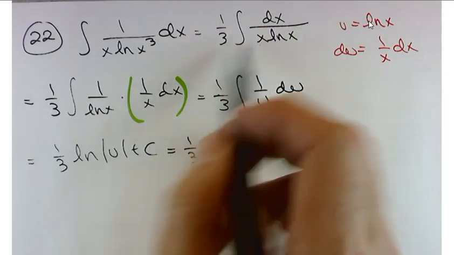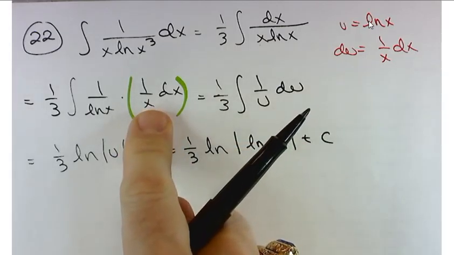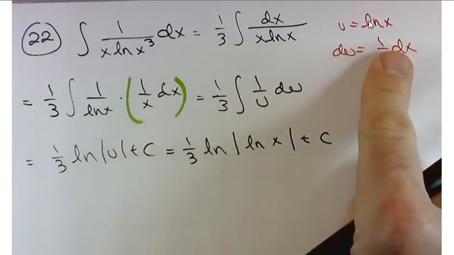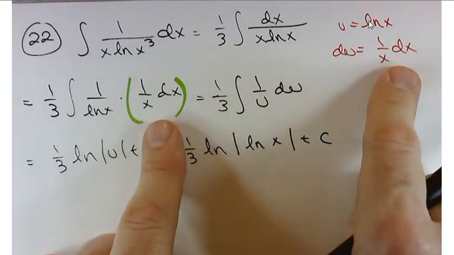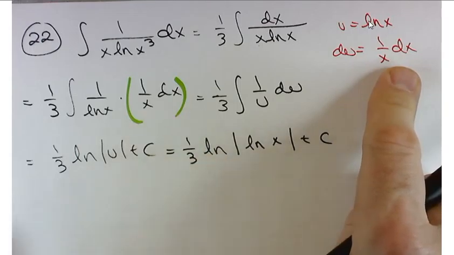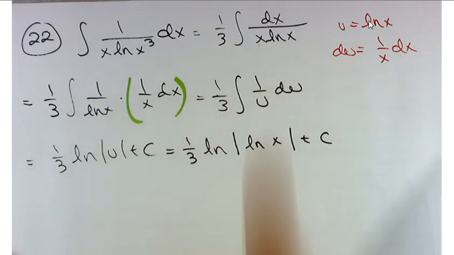I took the 1 over x out of the denominator and just put them together here. Because that term is du. So these two are interchangeable. So I just rewrote it a little bit. So that's my du, and this is u, so I have 1 over u.